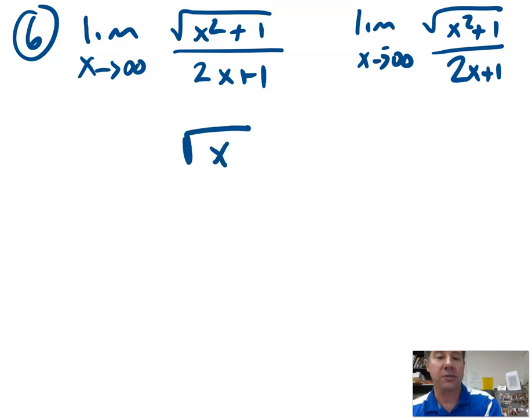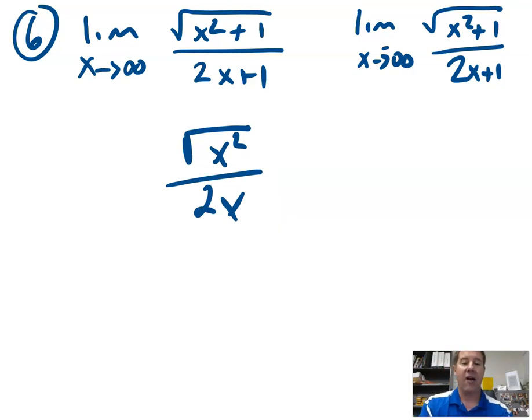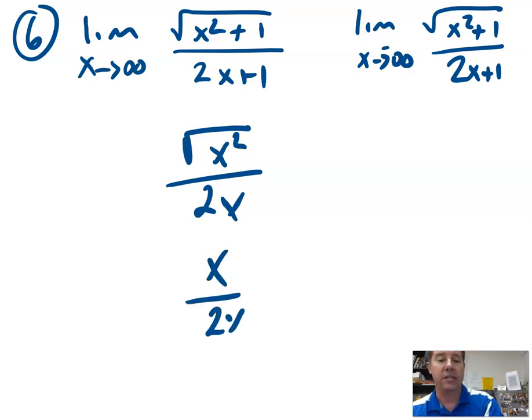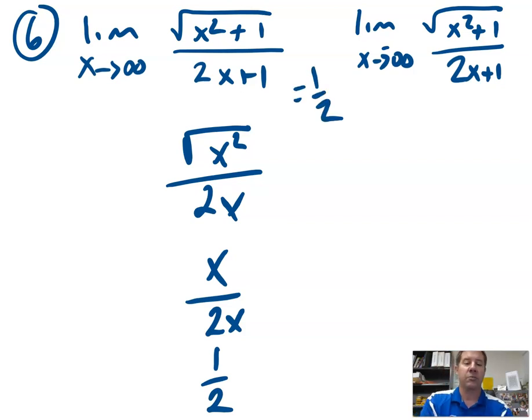So this basically becomes the square root of x squared over 2x. Now I could take the square root of x squared, and so that would be x over 2x. As I reduce that, I would get 1/2. So this limit would be 1/2, or there's a horizontal asymptote as I go to infinity of 1/2.